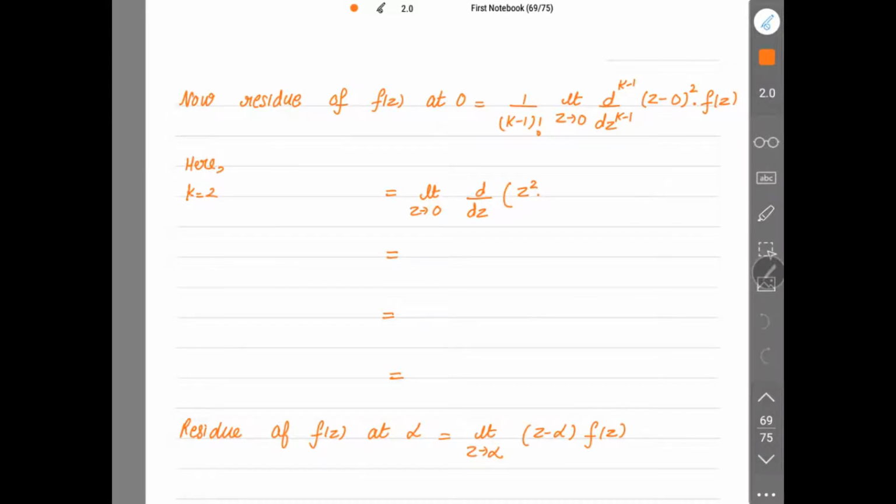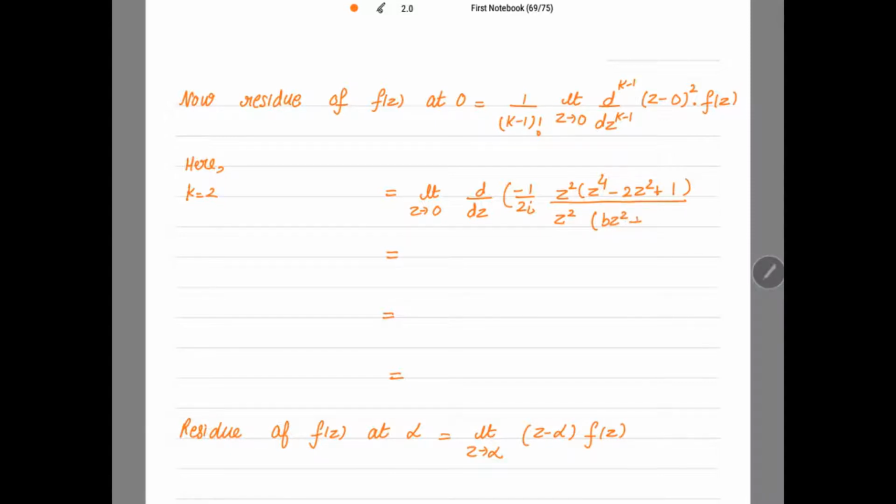So this is minus 1 over 2i, z square, z to the power 4 minus 2z square plus 1 over the denominator, that is z square (bz square plus 2az plus b). This z square is cancelled out with this z square.